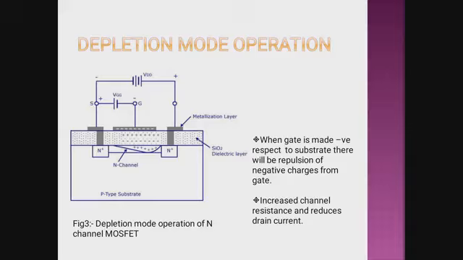Gate is negative and the substrate is P-type substrate. So what is basically happening over here, there will be some amount of repulsion, and due to this repulsion we find a layer which has been formed in between source and drain, which is called the depletion layer.